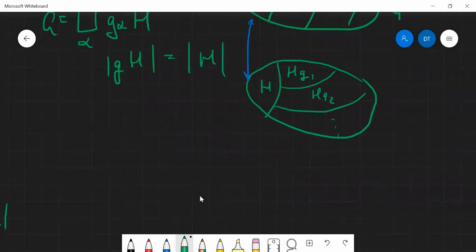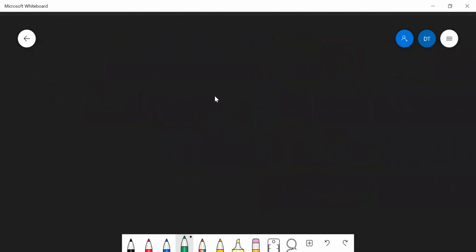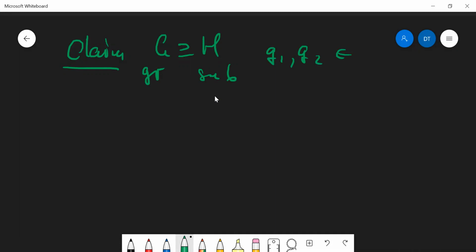Okay, so let me start. Claim number one. So if you have a group and a subgroup, so this is a group and this is a subgroup, and we have two elements, G1 and G2 in the group G. Then you have two options.